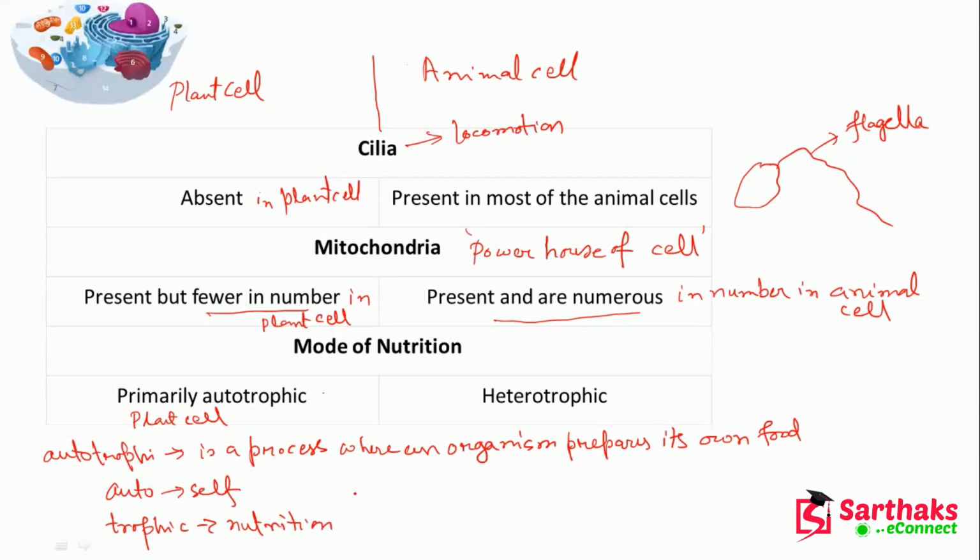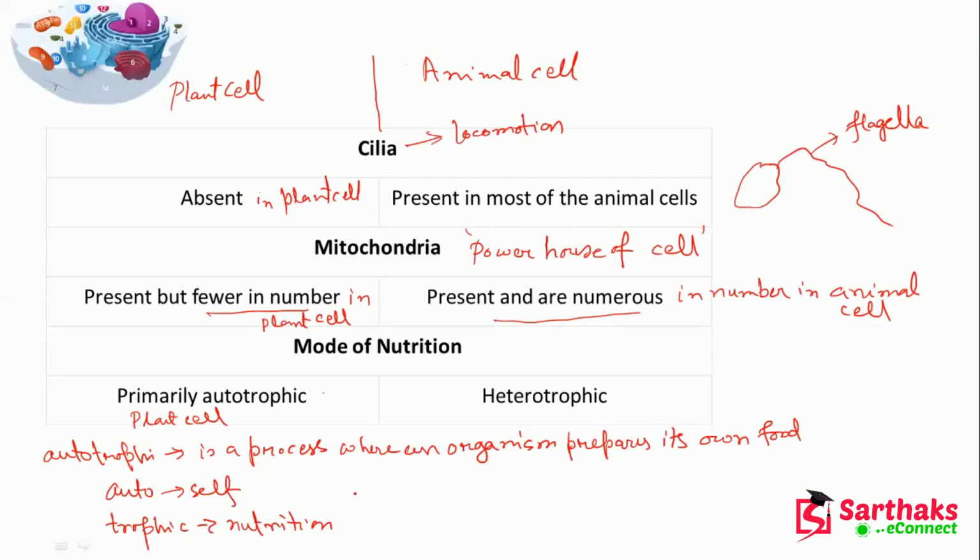Now heterotrophic nutrition. Already you know that animals are dependent on heterotrophic nutrition. That means for food, animals are dependent on other types of plants or other types of animals, right?